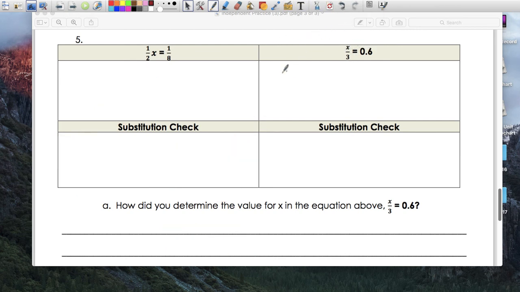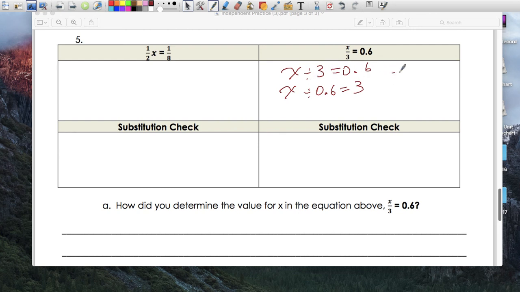Last one, again, if you want to set it up like this, this might help you. So fact family, let's start. I know that this divided by 3 is 0.6. I also know that I can write x divided by 0.6 equals 3, but that doesn't help us find our mystery number. So let's turn to multiplication.